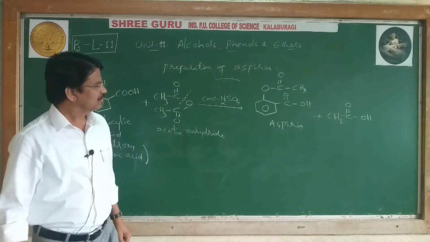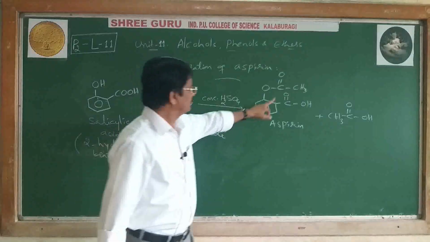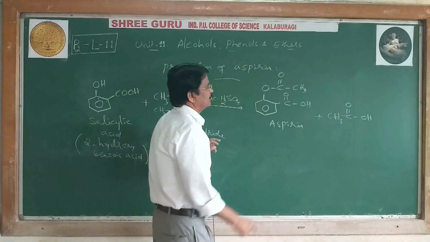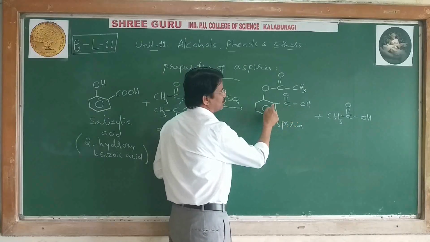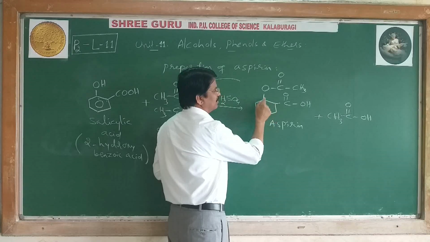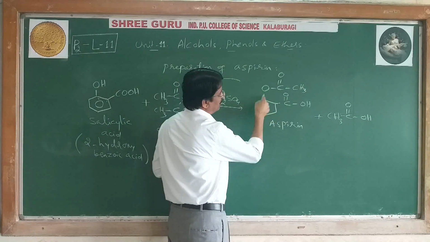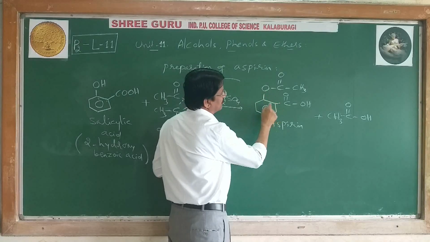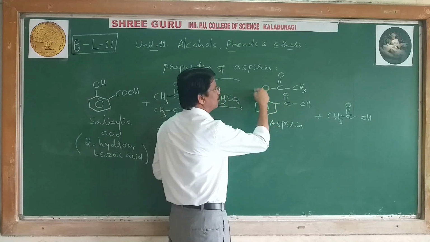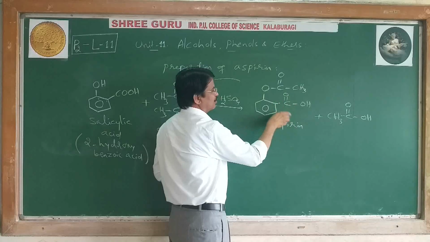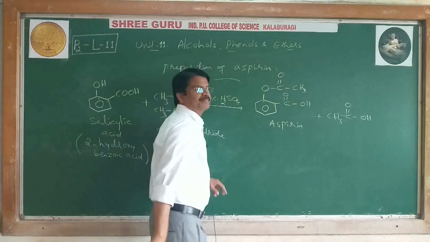It's a common name, aspirin. The COOH group is at position 1, and here there is a carbon-oxygen bond, but it is not linked with COOH. This is COOH, therefore position 1.